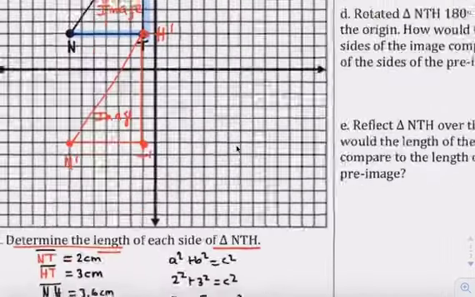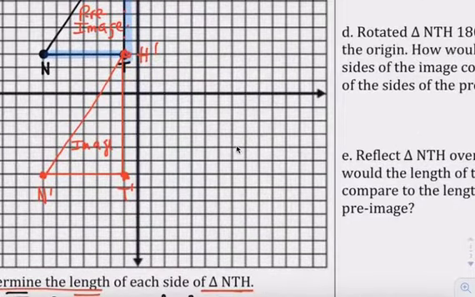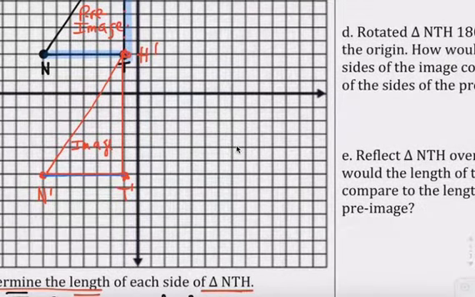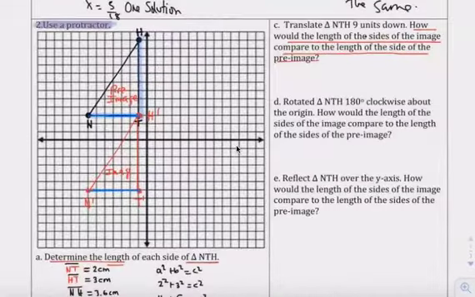If you measure it, measure NT, this is the exact same length. We call that congruent.